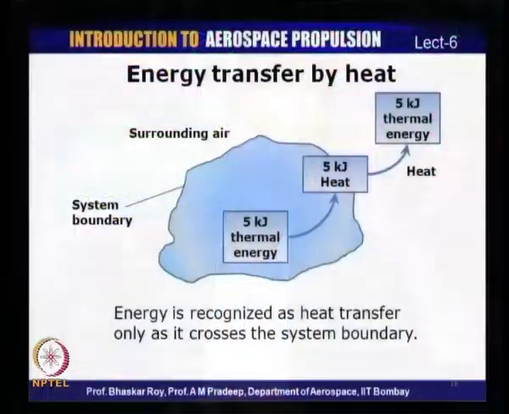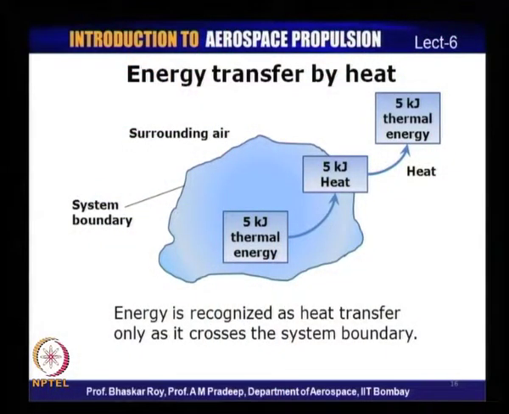Now, the system that we are referring to here in this example has, let us say, thermal energy of about 5 kilojoules, just for an example. This is a system boundary, as you can see, and it is surrounded by surrounding air. Now, if the energy that is contained within the system crosses the system boundary, then that particular energy interaction which the system has had with the surroundings is referred to as heat.